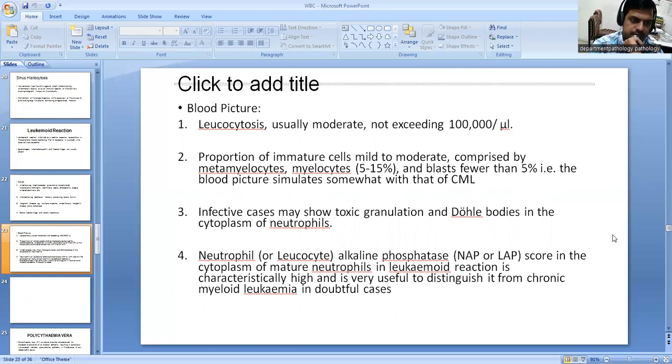Infective cases show toxic granulation and Dohle bodies in the neutrophils. The neutrophil or leukocyte alkaline phosphatase score in the cytoplasm of mature neutrophils in leukemoid reaction is characteristically high and is very useful to distinguish it from chronic myeloid leukemia.